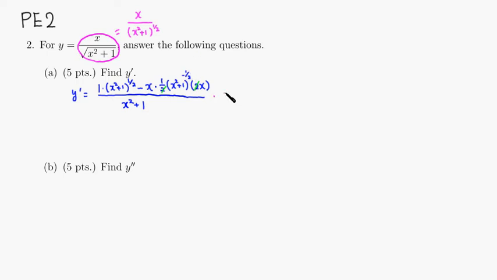So I'm going to multiply top and bottom by the quantity x squared plus 1 raised to the 1/2 power, and do the same thing to the bottom to get that.